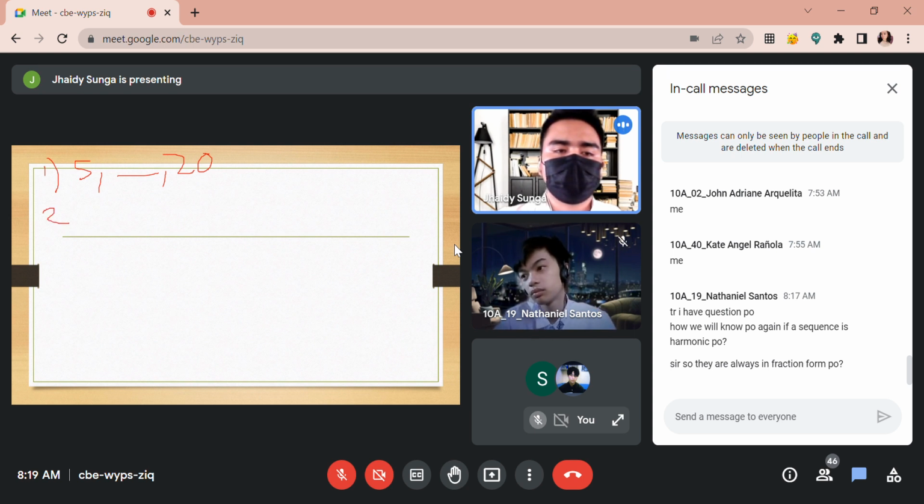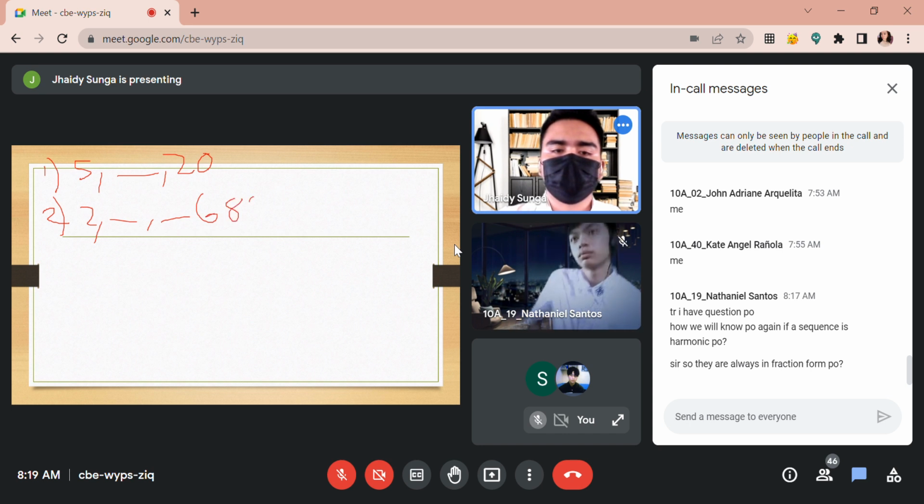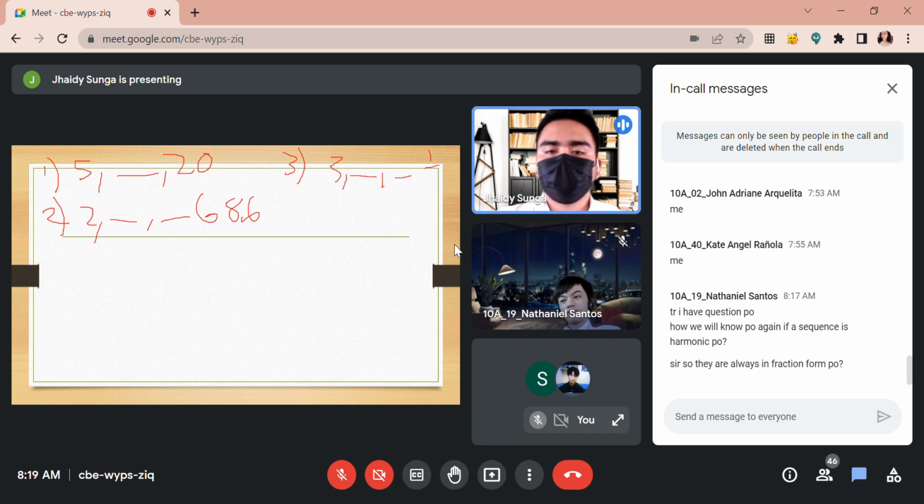Number two: 2, blank, blank, 686. Number three: 3, blank, blank, 1/9. From this one on the screen, this is part of the geometric sequence.